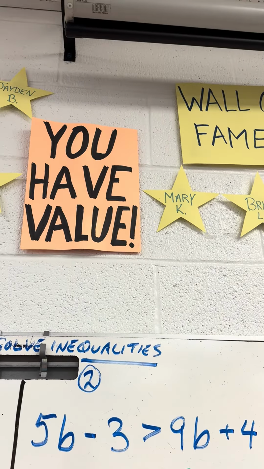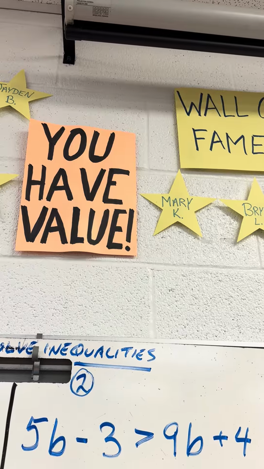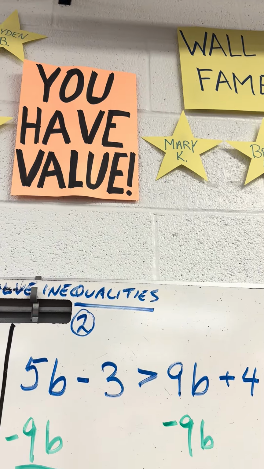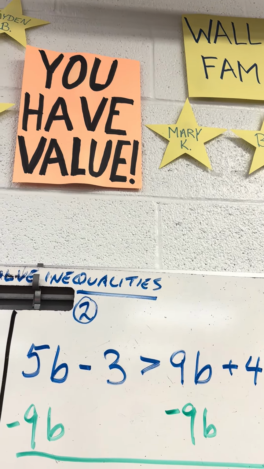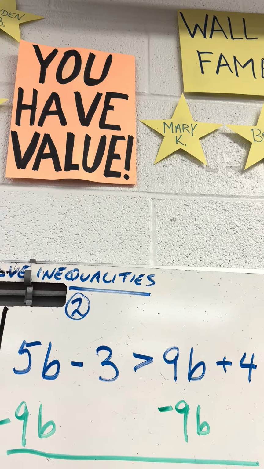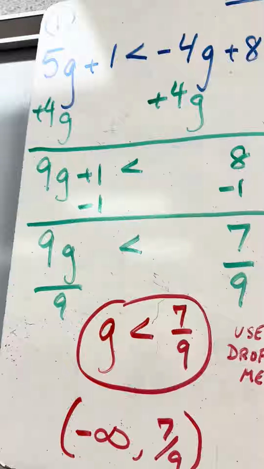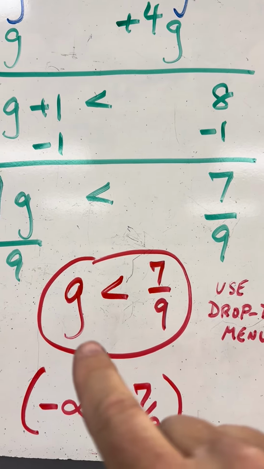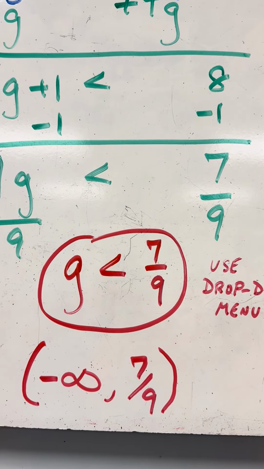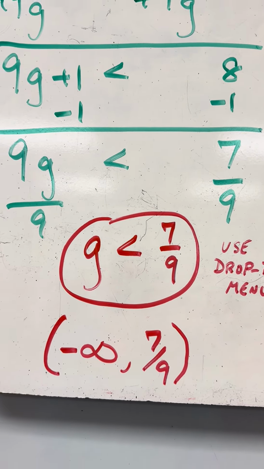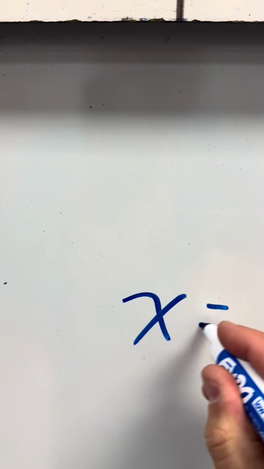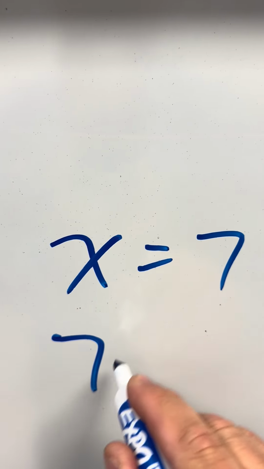5b minus 3 greater than 9b plus 4. I'm going to minus 9b from both sides. By the way, in order for inequalities to work, you have to have the letter on the left-hand side. You can't put it on the right side. Like, for example, I could say x equals 7 or 7 equals x.